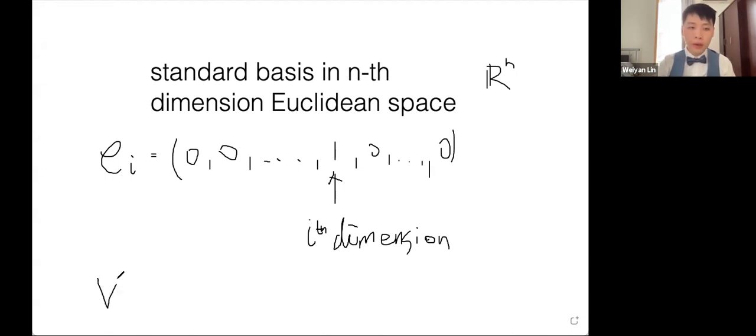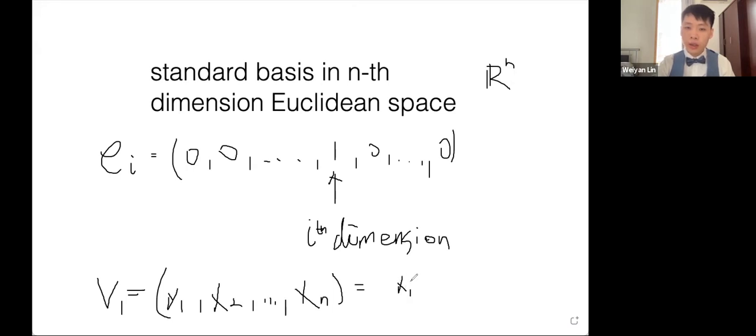So for example, if you have V1 as x1, x2, up to xn, it's just x1 times your vector e1 plus x2 times e2, dot, dot, and xn times en, right?